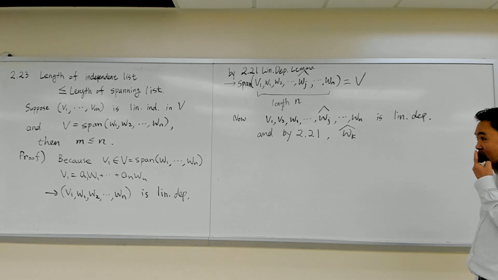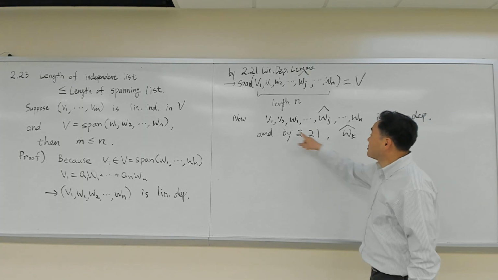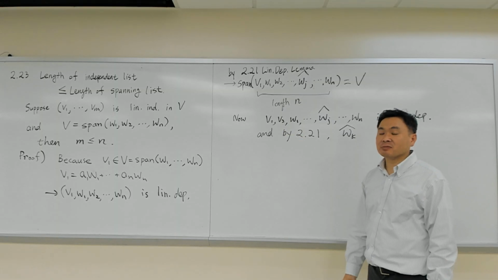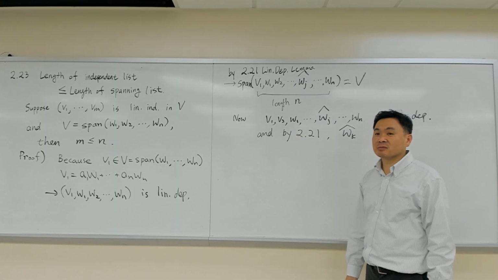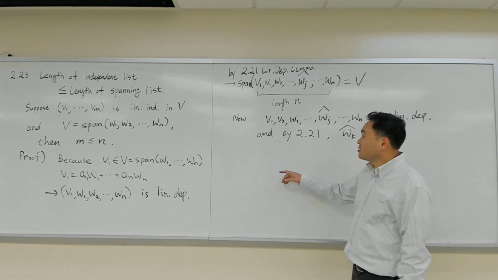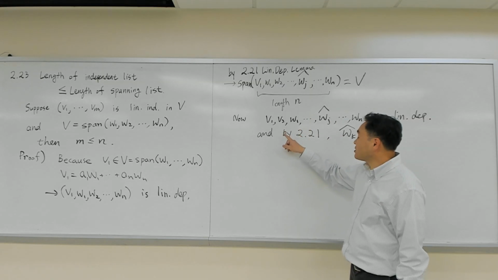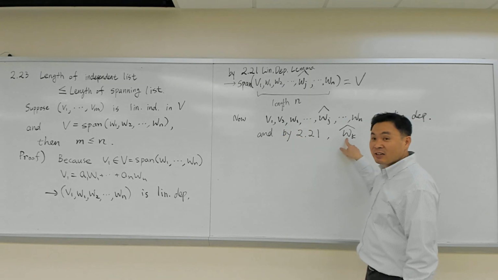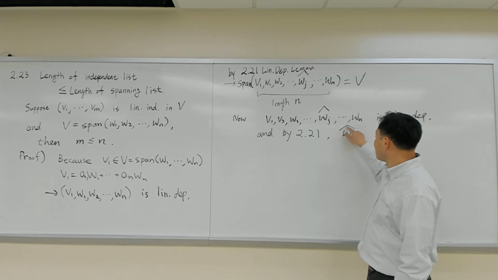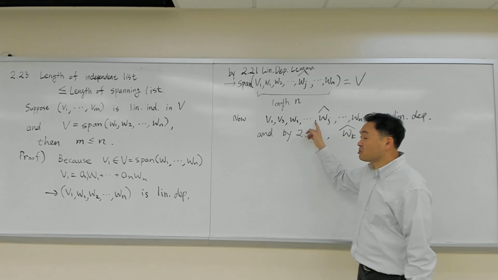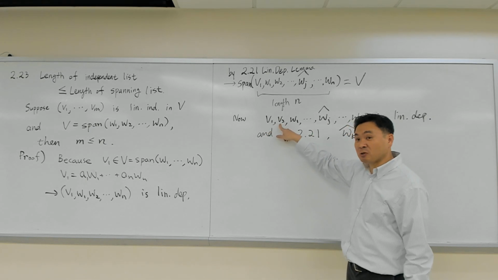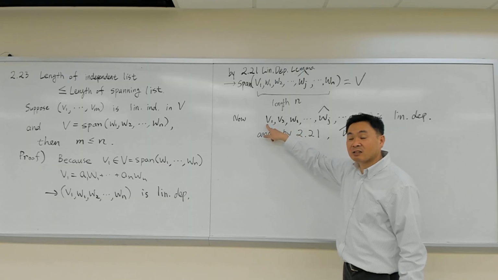I'm missing a crucial argument here. Why can't this next one be V2? Because the linear dependence lemma says that whatever you take out should be a linear combination of the previous ones, but if V2 were to be chosen, that would mean V2 is a linear combination of V1.